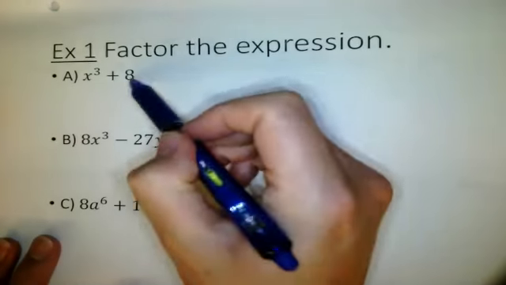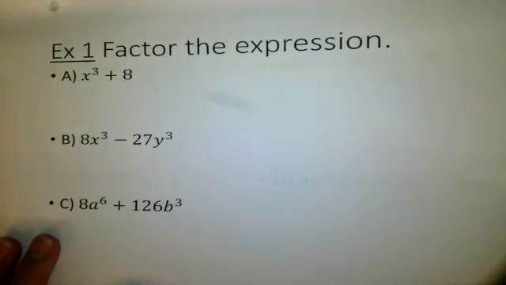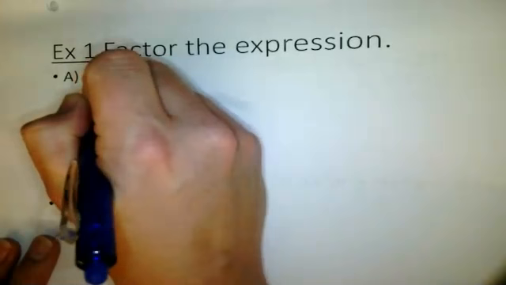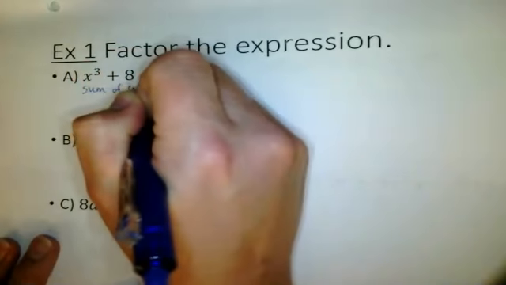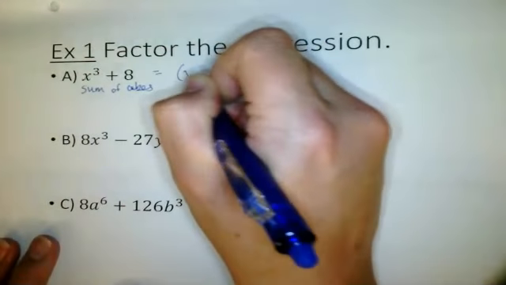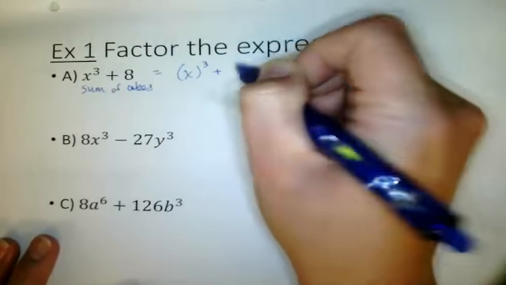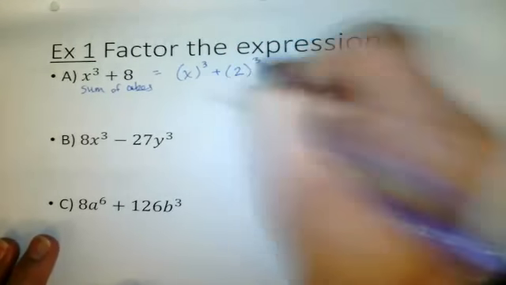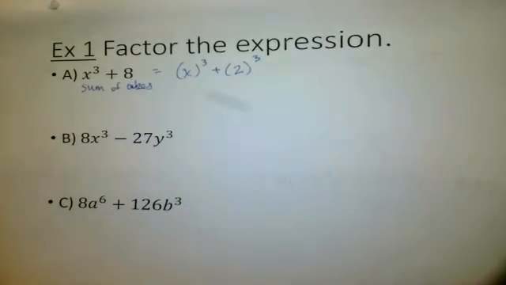This has a special name. What's it called? Sum of cubes. It's sum of cubes because it's x being cubed plus what? 2 being cubed. Sum of cubes because it's x being cubed plus 2 being cubed.